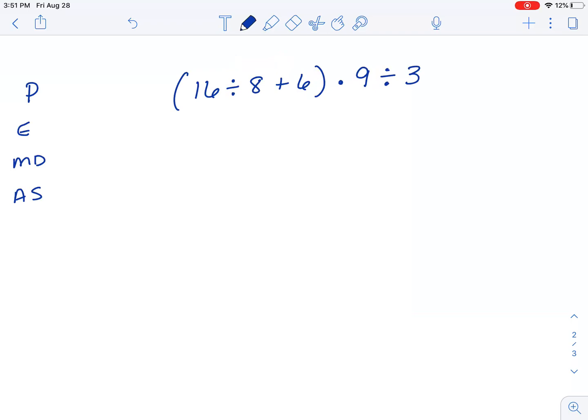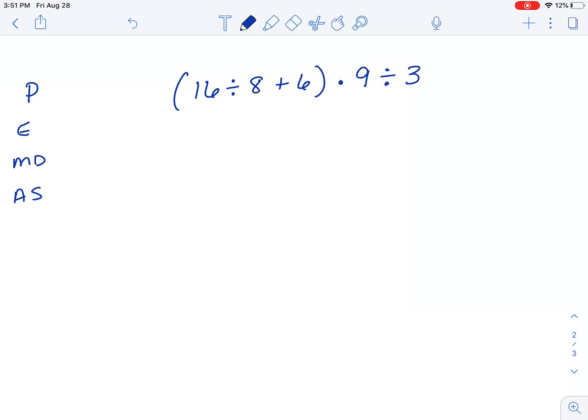So what I do when I have more than one thing to do with parentheses, I act like this part of my problem isn't even here. If this was the only part of my problem, what would I do first? Well, I would divide first, and then finally I would add.